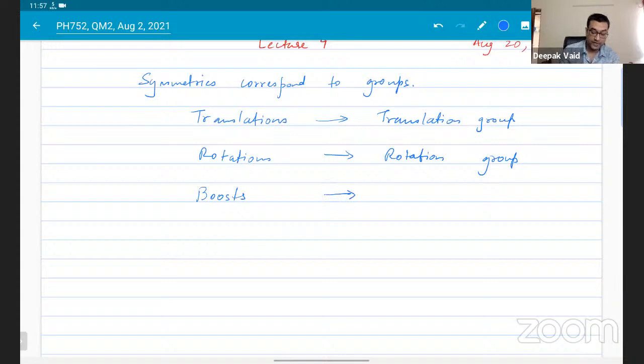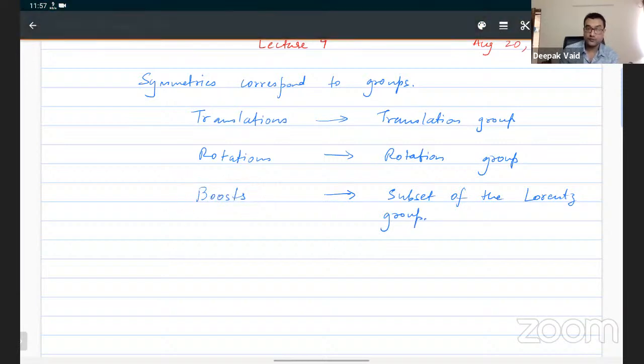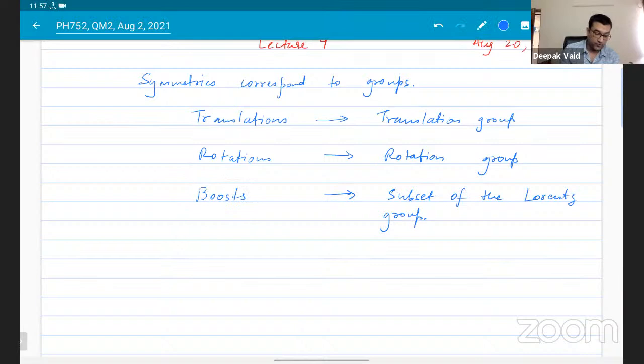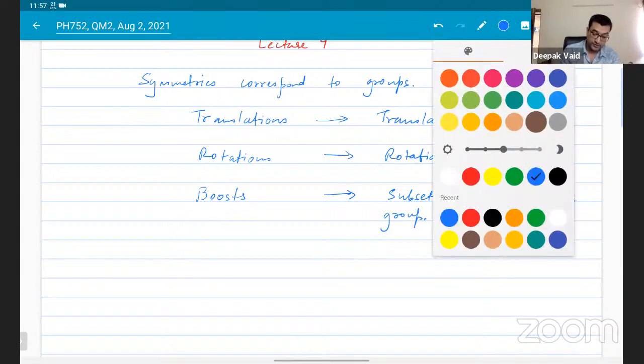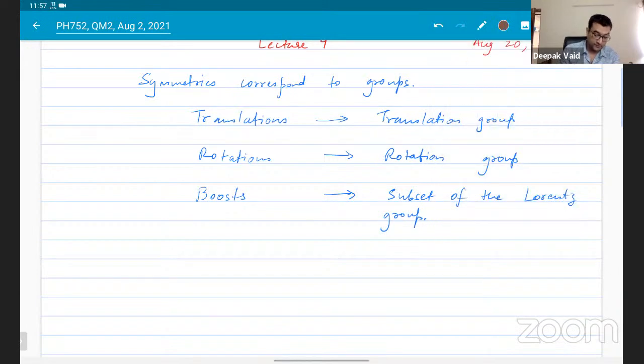So you have this group which is called the Lorentz group, and a certain subset of that Lorentz group corresponds to boosts. And if you combine rotations and boosts together, these form the Lorentz group.